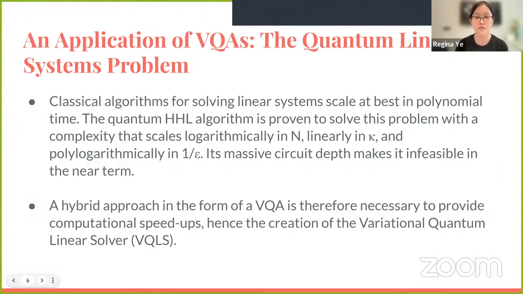This algorithm scales logarithmically in n, linearly in kappa, and polylogarithmically in 1 over epsilon. Here, kappa is the condition number of the matrix A, and epsilon is the desired precision of the solution. However, since the circuit depth is so massive for HHL, it's impractical to use HHL in the near term. Therefore, one possible solution is to use a VQA. Specifically, we would use a variational quantum linear solver, or a VQLS.